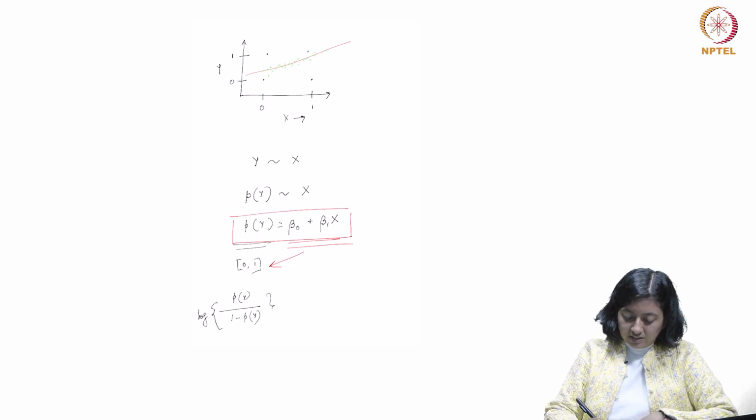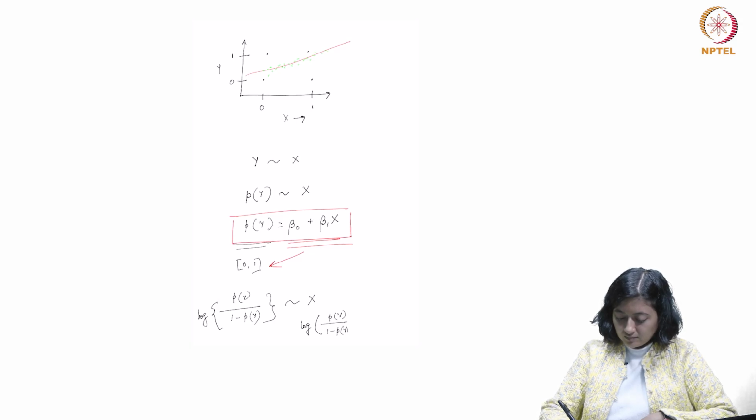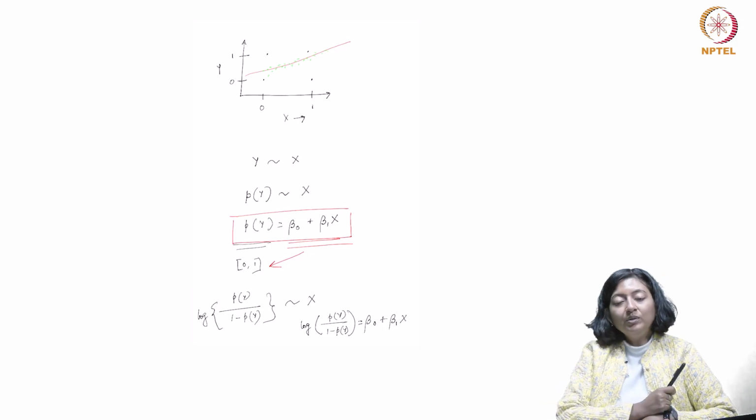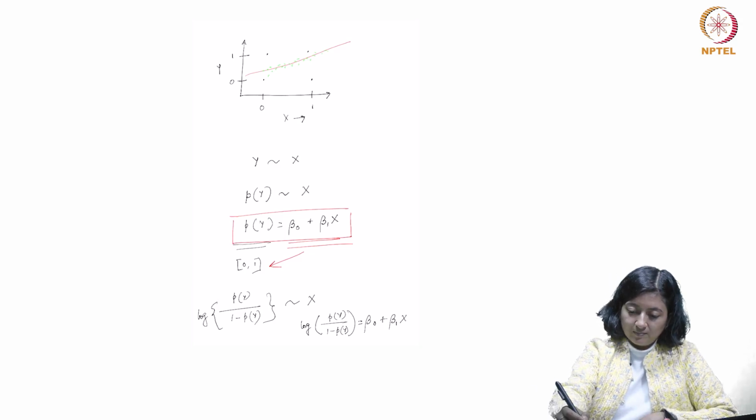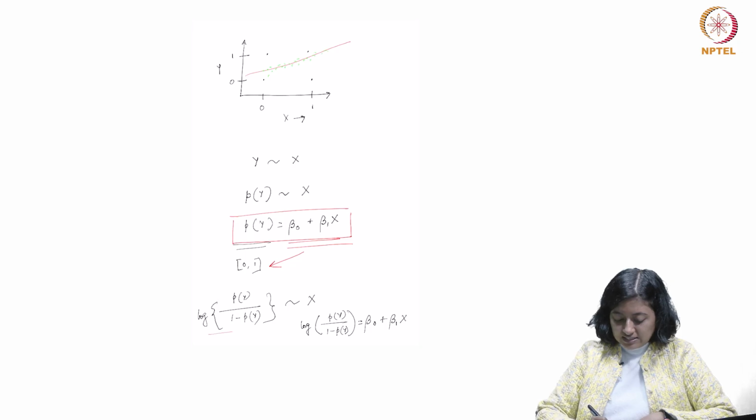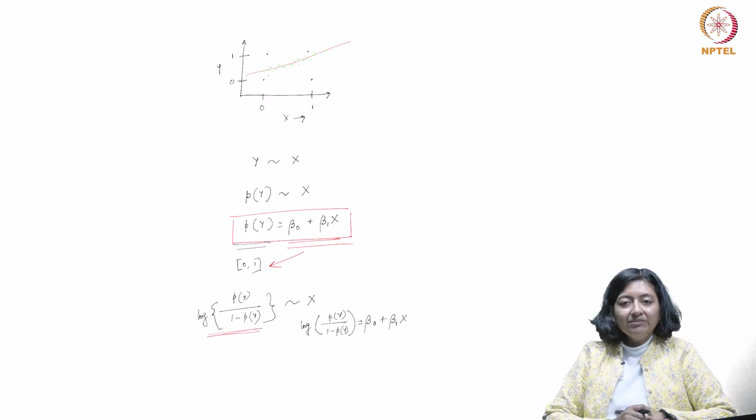The suggestion is to regress the log of odds on x, or in other words, the regression model would look like log of odds equal to some intercept plus a slope into x, and this can have any value between minus infinity to infinity.